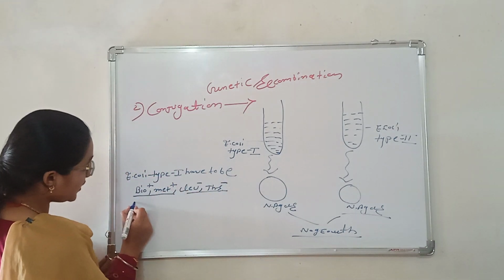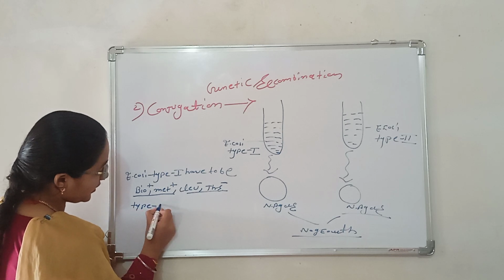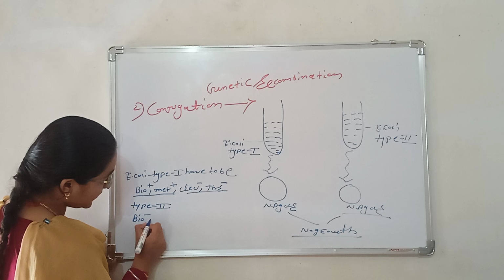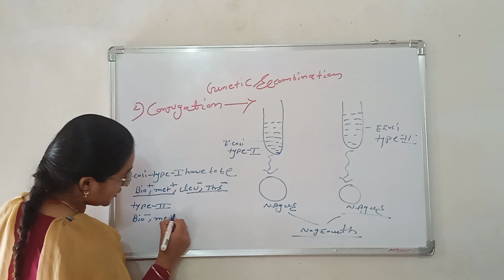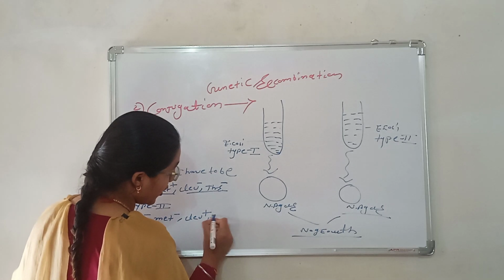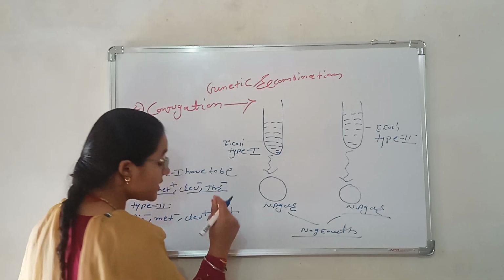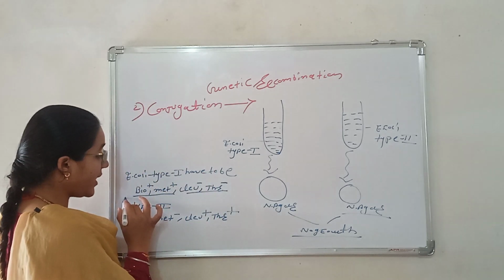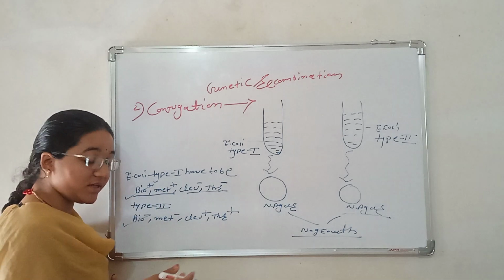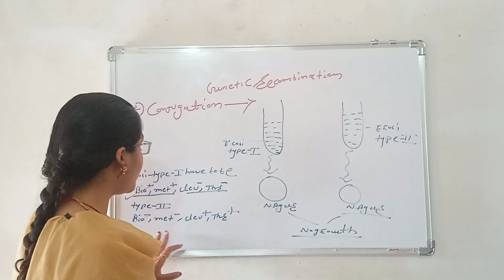The second, type 2, has biotin absent, methionine also absent, leucine positive, and threonine also positive. It means the two strains differ in their ingredients, E. coli type first and type second.